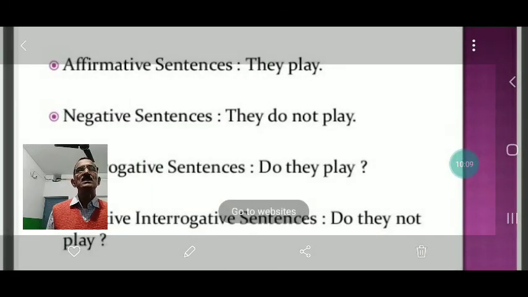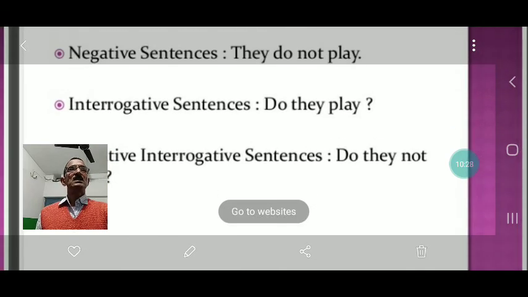But if the subject is different, third person singular number, then you must write he plays. And if it is negative, use does not: he does not play. If it is interrogative, then you use does he play.